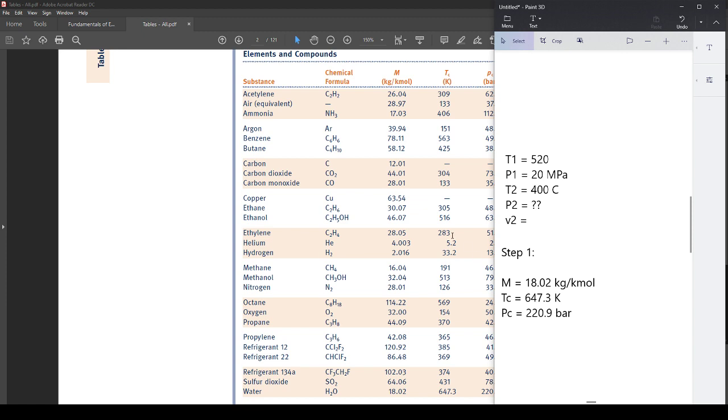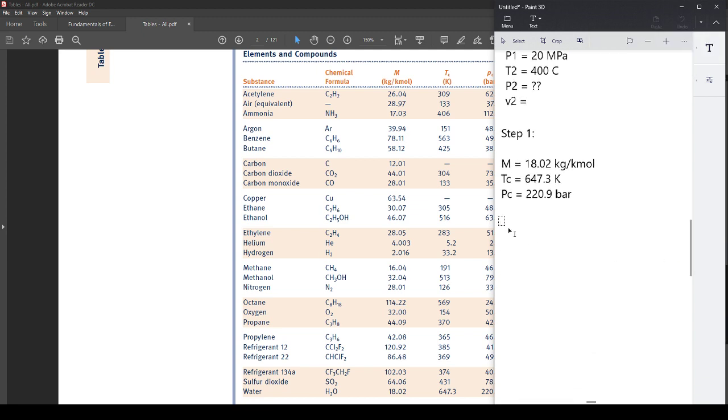Found all of that. Now, the next part is we have to use these in our question, essentially. What I mean by that is we need to move on to step 2. So step 2 is to find the reduced pressures and the reduced temperatures.